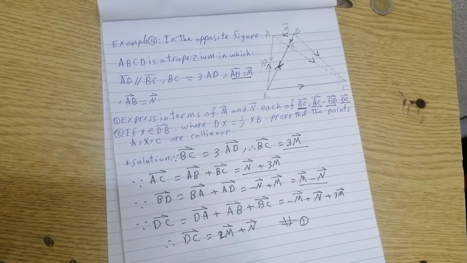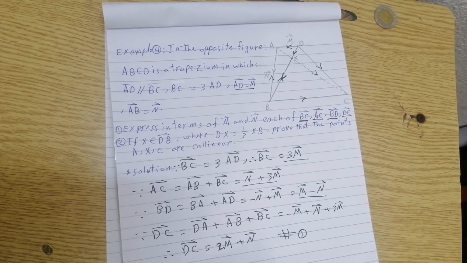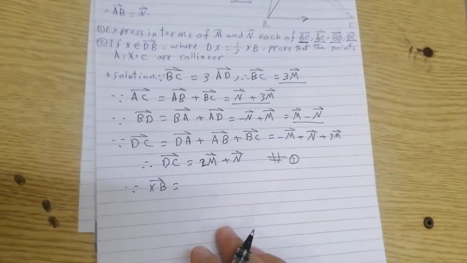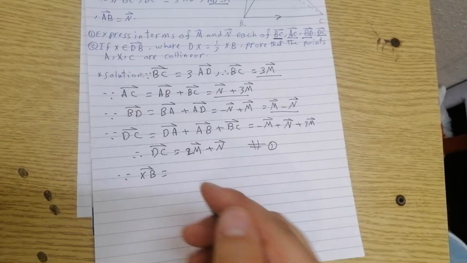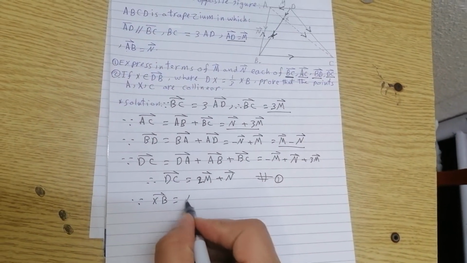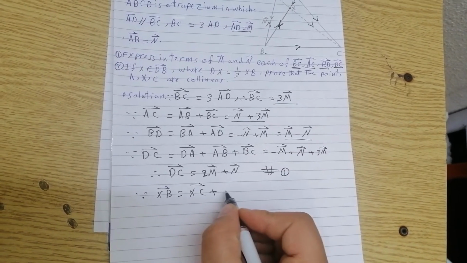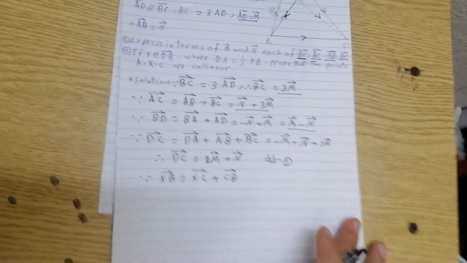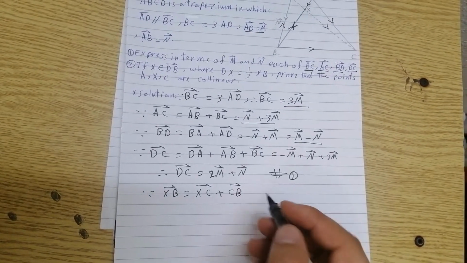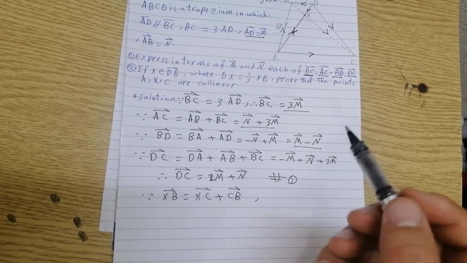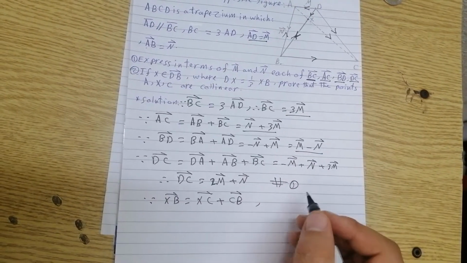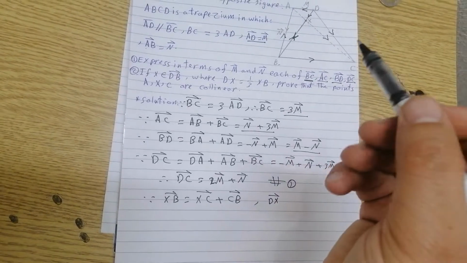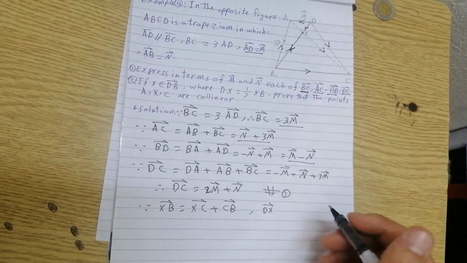So we have XB vector equals XC vector plus CB vector, and also the DX vector from triangle DXA.